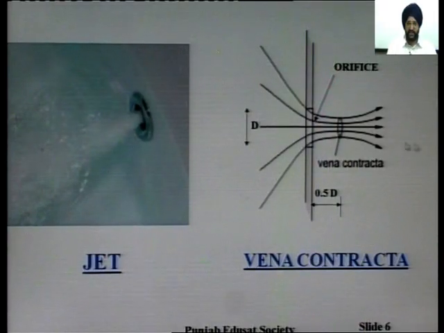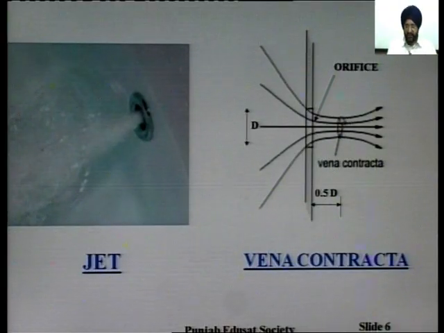Now, here is a diagram of a jet of water. It's a continuous stream of water. Regarding the vena contracta, if we have this wall of any tank and we have provided one hole here, which I call an orifice, an opening. Now, if a jet of water is coming out of this tank, you can very clearly observe that at this point the cross-sectional area is minimum.